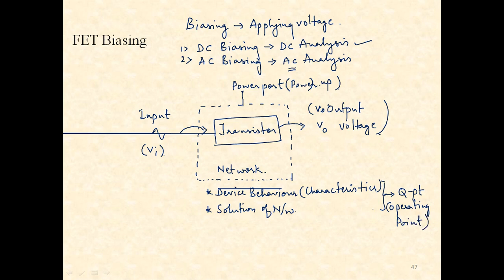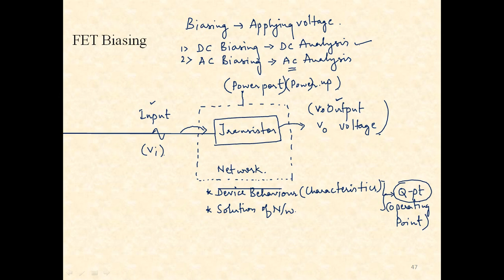To determine the operating point, we may not need the input signal or the output signal. At first, the most important parameter is the voltage which we apply at the power port, so that the devices get switched on, and then we get the device behavior and the solution of the network, using which we obtain the most important parameter, the Q point.